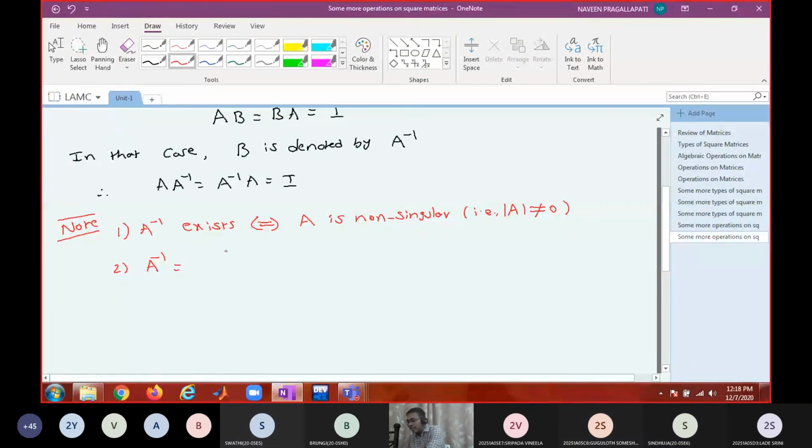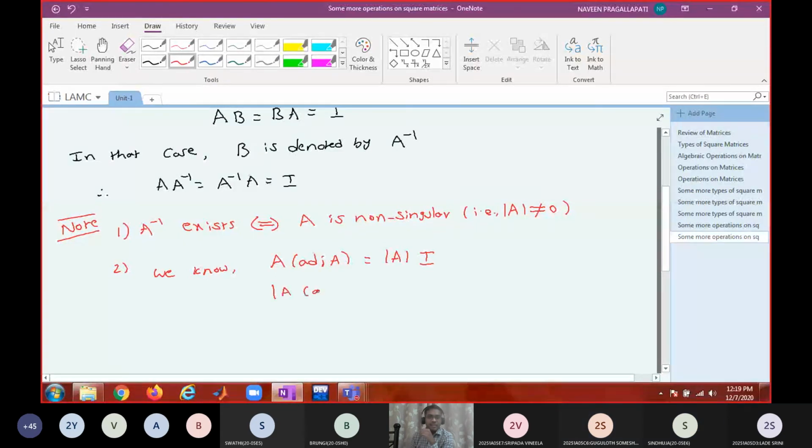How did you get that? Can you explain? We know a property: A into adjoint A. What is A into adjoint A? Det A into I. Now apply the determinant on both sides.